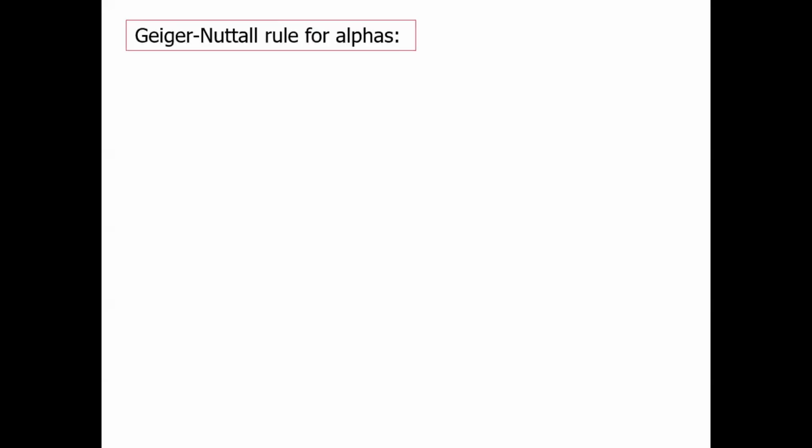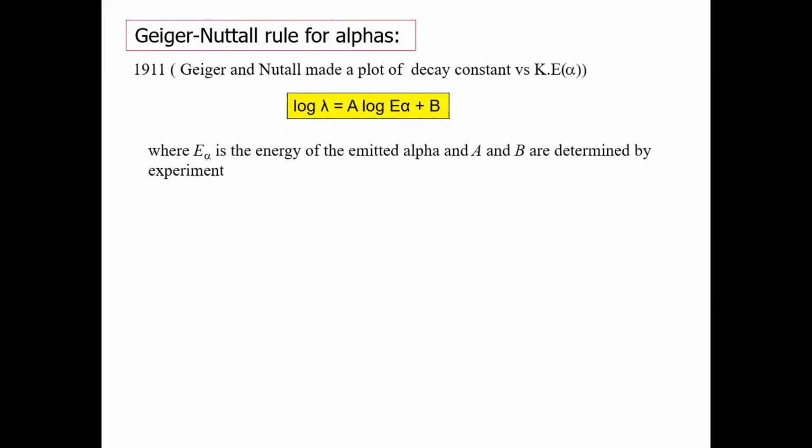We have already gone through the Geiger-Nuttall rule for alpha particles, and it states that the log of lambda is proportional to the energy of the alpha particle.